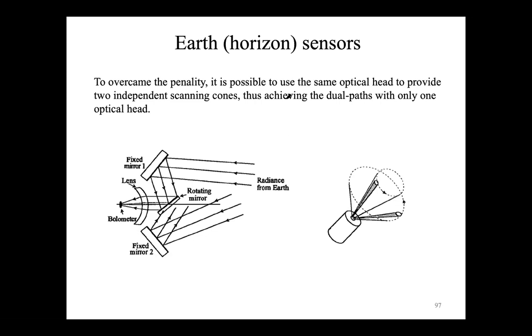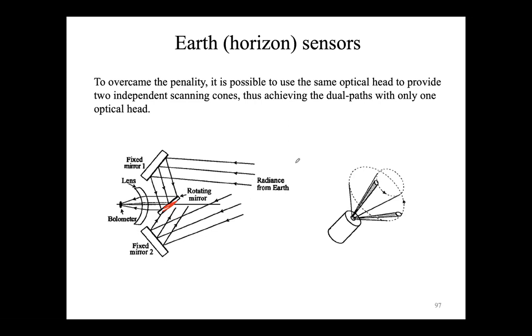So one solution, for example, could be to use the same Earth horizon sensors with dual scanning mirrors. So basically, the same sensor can use two different mirrors with a movable scan part that is going to look at two different portions of the Earth.